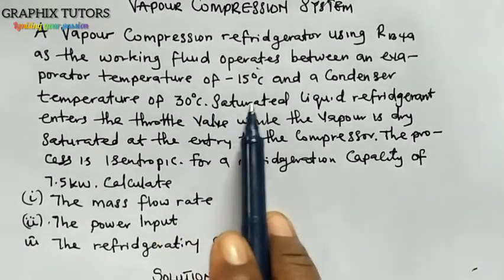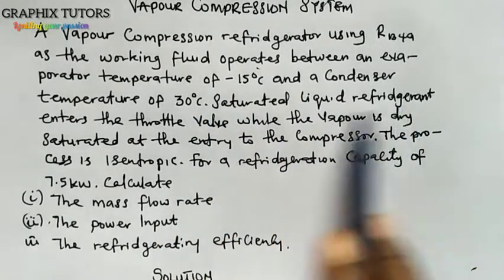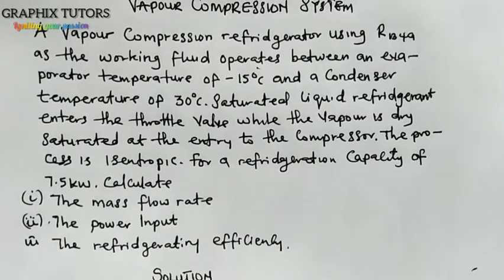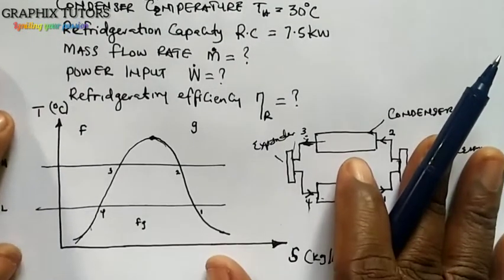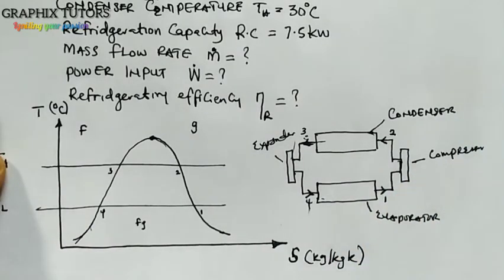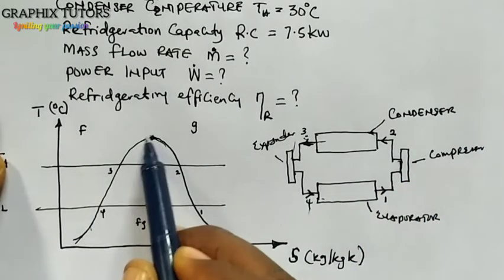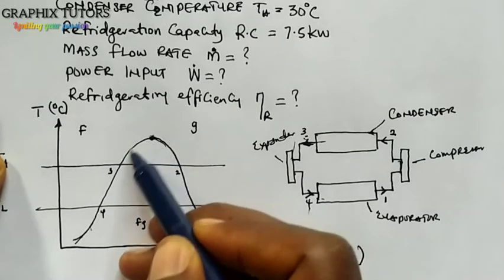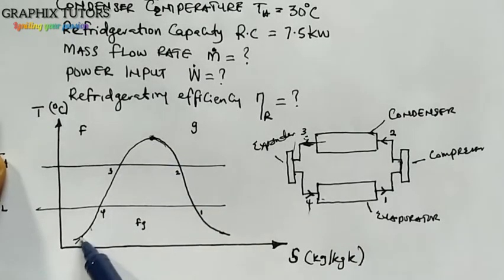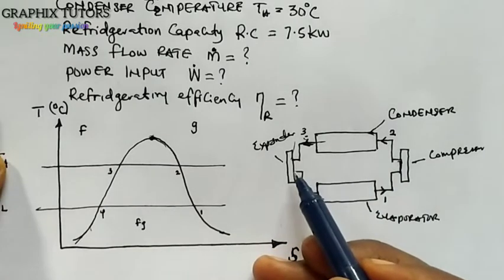He said saturated liquid refrigerant enters the throttle valve. Now what you look for is the keyword. He said saturated liquid refrigerant. So the keyword is what? The liquid, meaning that it's falling on the left hand side. Saturated means that it's falling on the line, right? And he said it enters into what? It enters into the throttle valve.